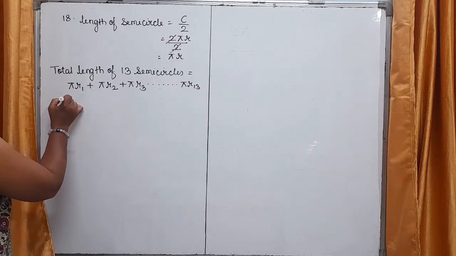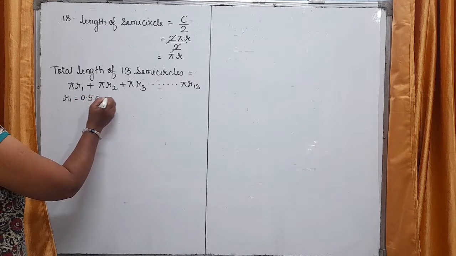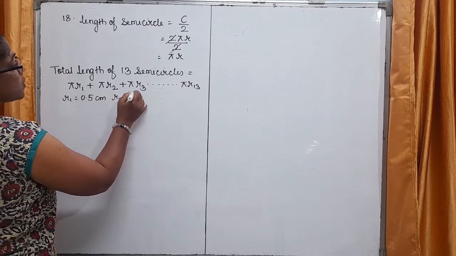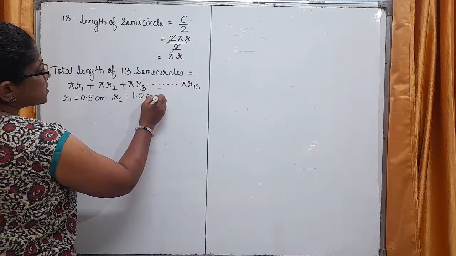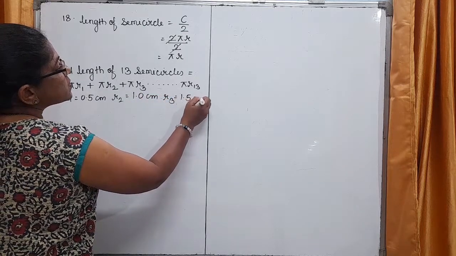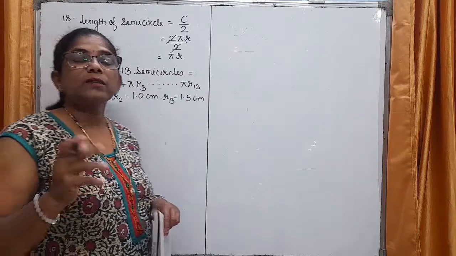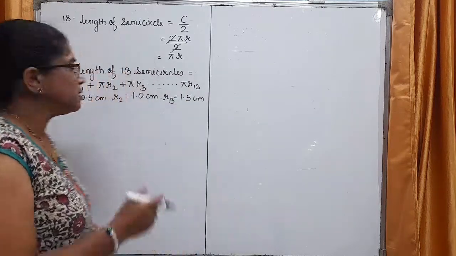Here r1 is equal to 0.5 centimeter, r2 is equal to 1.0 centimeter, r3 is equal to 1.5 centimeter and so on. So how do we find the total length of these 13 semicircles?